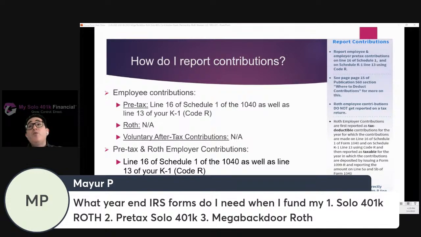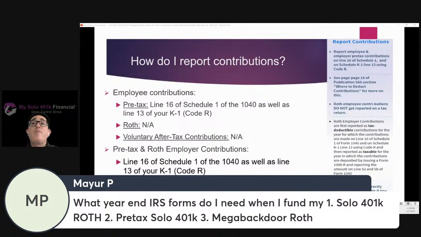Now, they may be reported on the personal or business tax return, and we talked about that in the content at the beginning of this session, right? But when one makes a mega backdoor Roth contribution, it's really a two-step process. They're first depositing into the after-tax account, and that contribution, again, is not reportable. And then they're moving either to a Roth solo 401k or a Roth IRA.